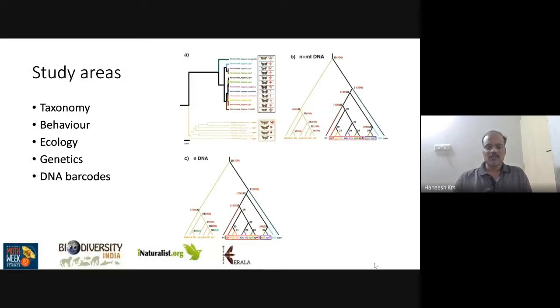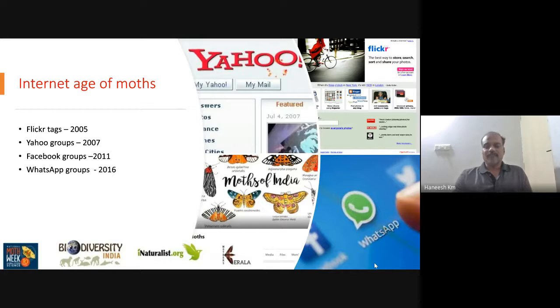Okay, that is the academic part. I am not from the academic area, I am basically just an amateur watcher, so I am more into the taxonomy. So we'll be talking more about the taxonomy.